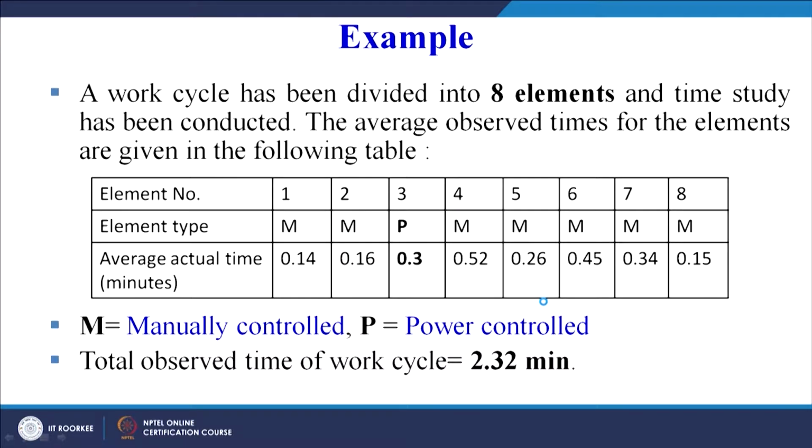Now let us take example number 2. Slightly busy slide for all of you, but we will try to understand the problem. So let us see. A work cycle has been divided into 8 elements. So what do we mean by element? It has already been explained in the previous session, and if you remember, we took an example of stitching a shirt.